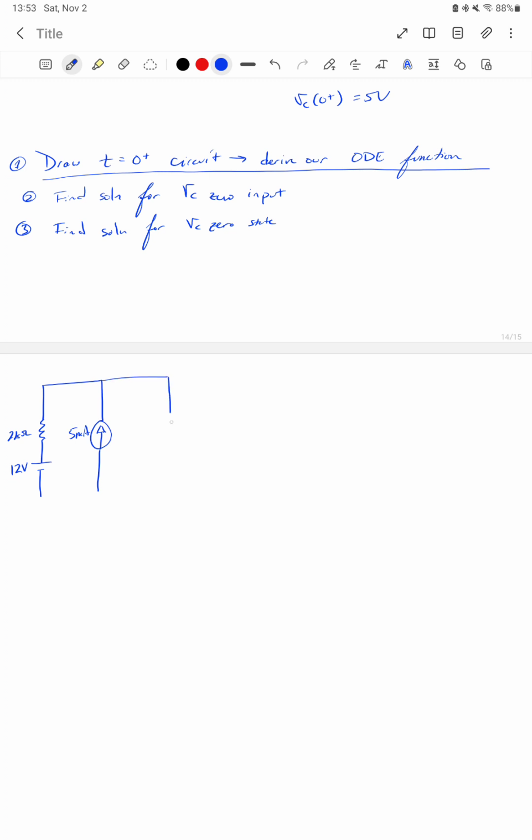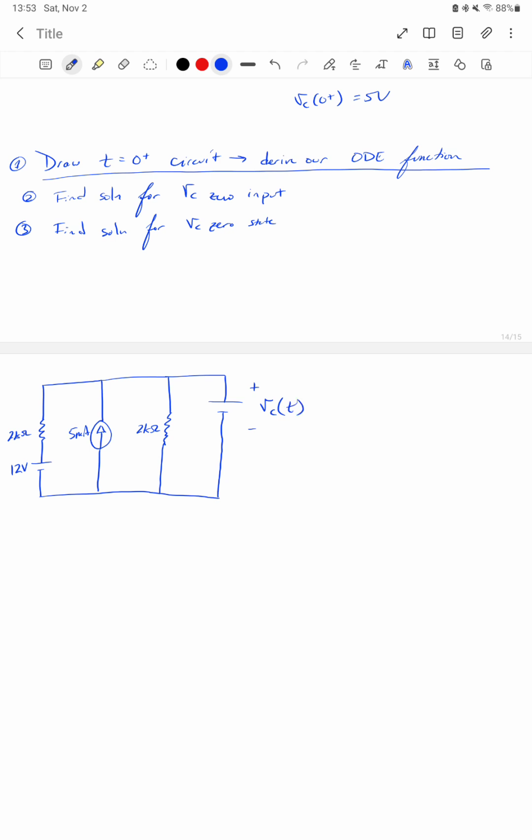And then this over here is still a 2 kilo ohm resistor. That's a really bad ohm. And then down here we have what I was talking about, which is the voltage source. Let me make this cleaner. Plus minus VC, right?